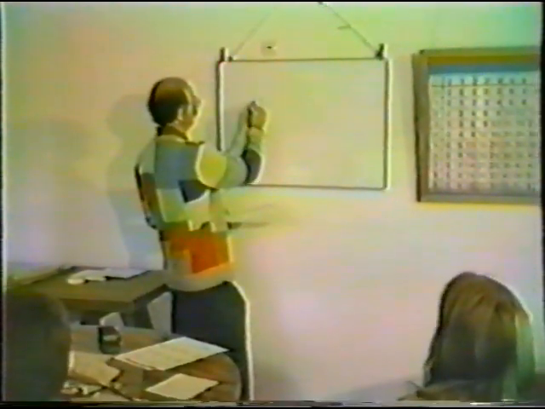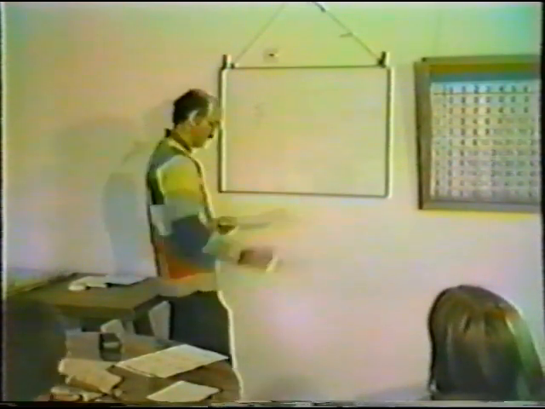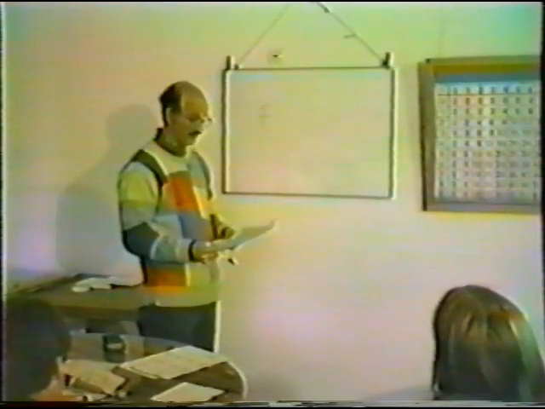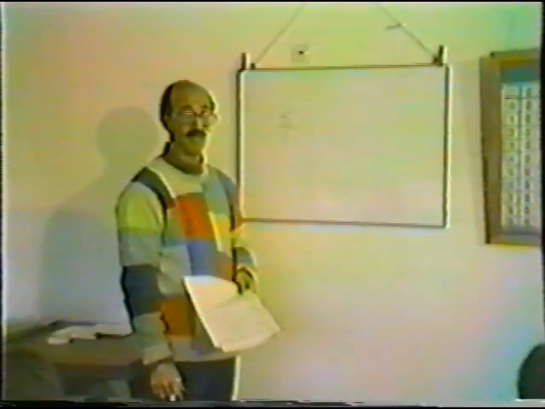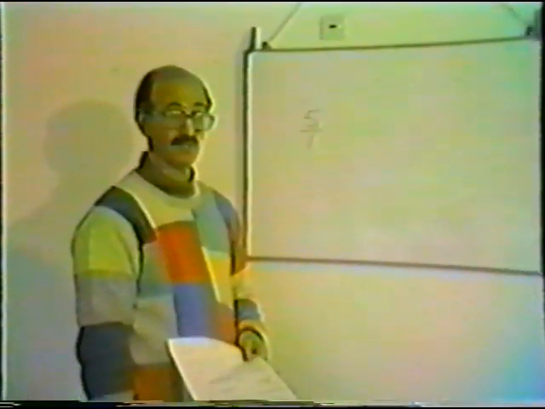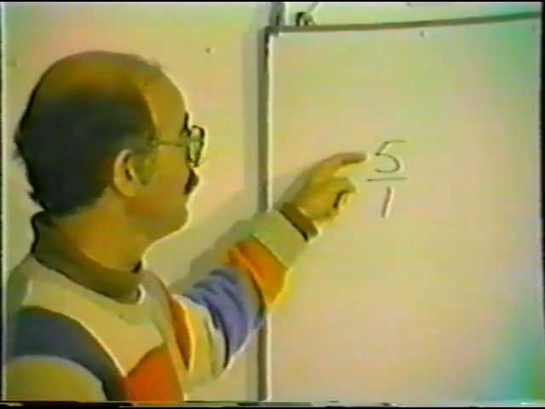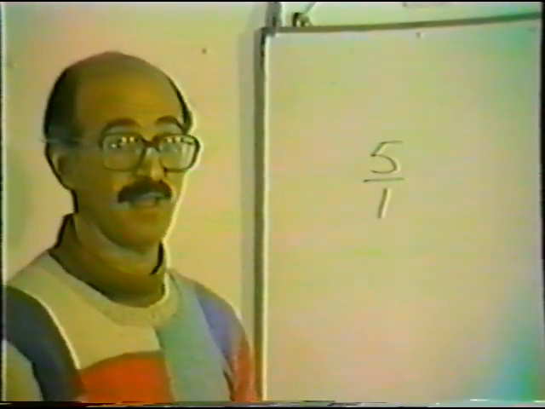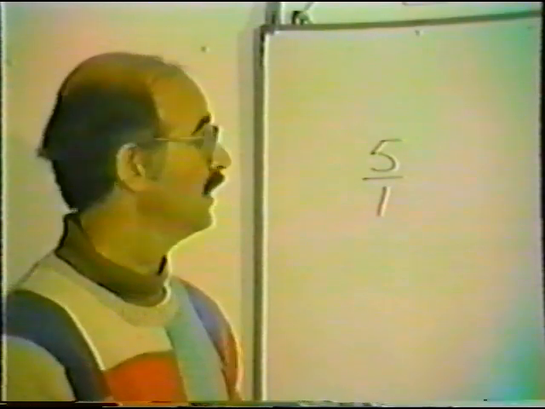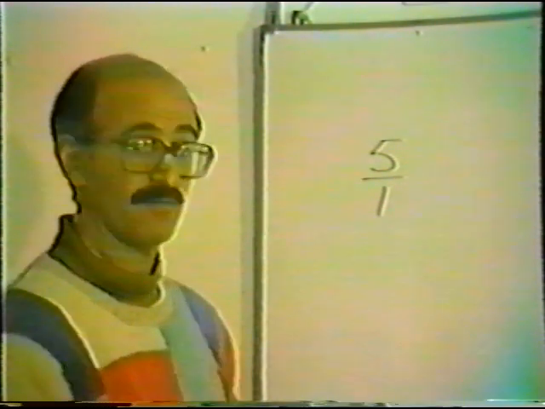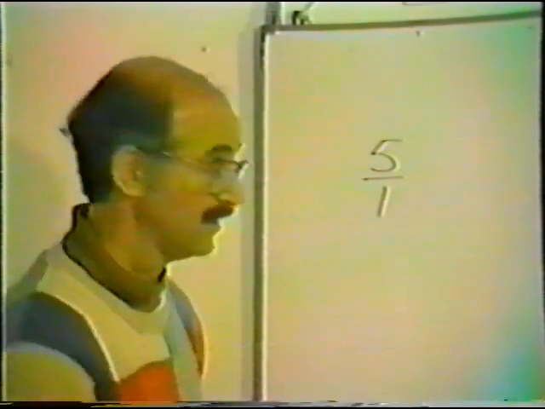Now, here's an interesting fraction. What would you tell me about that fraction? It's improper. It's improper because the top number is not smaller than the bottom number. Well, we always divide the bottom into the top.